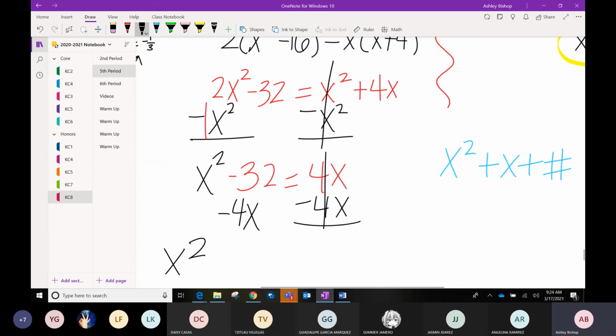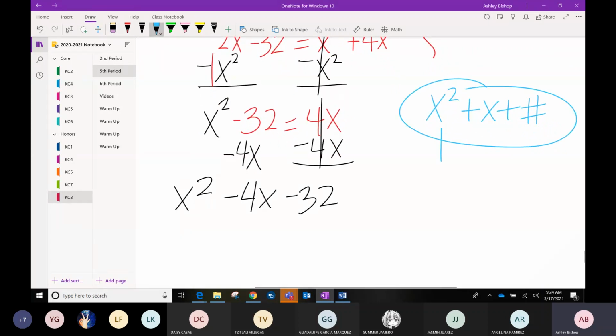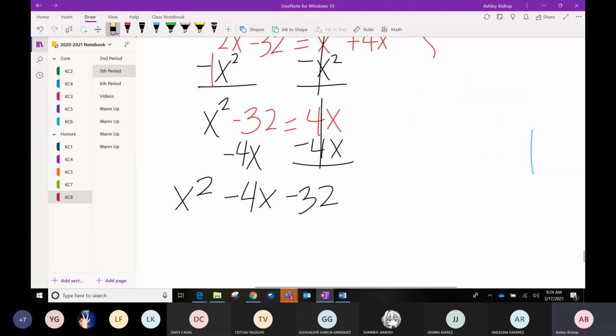I'm going to have x squared minus 4x minus 32. Anytime you have an equation with x squared, x, and a number, it has to go in this order. X squared has to go first, the number with the x in the middle, and the number by itself at the end. It has to go in that order because now this is something I can factor.